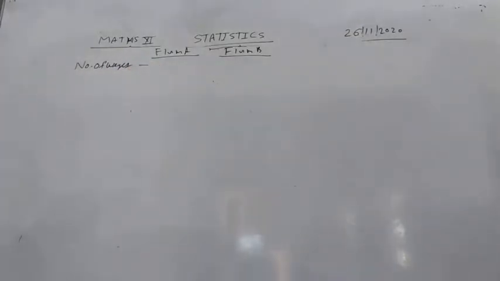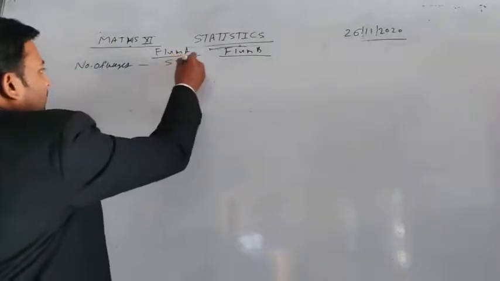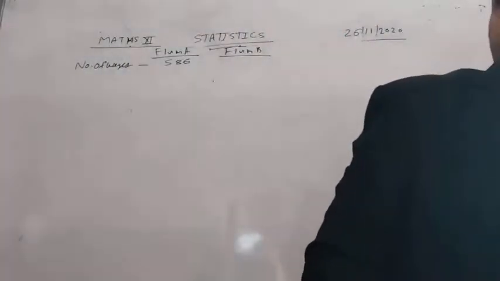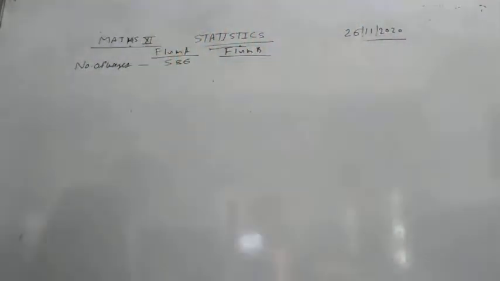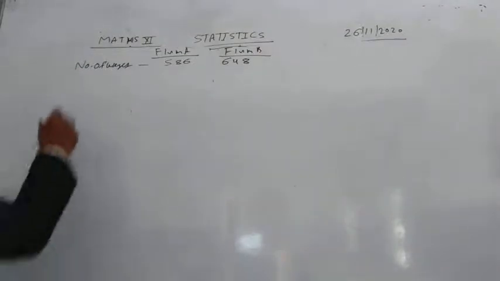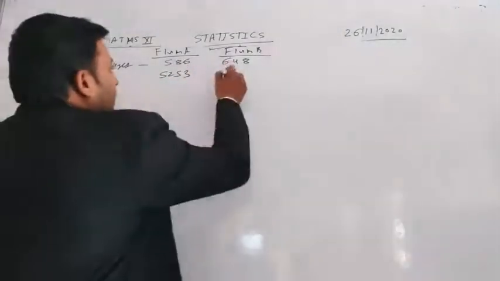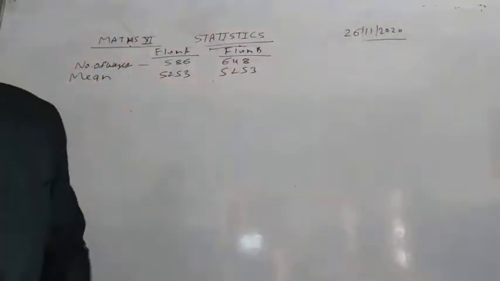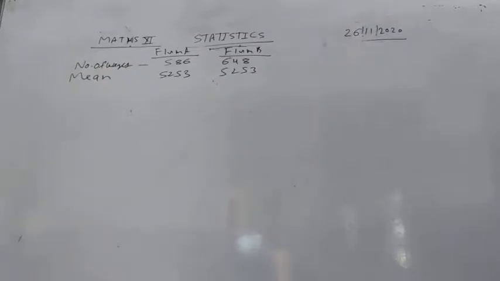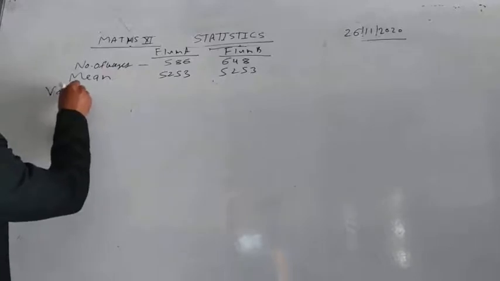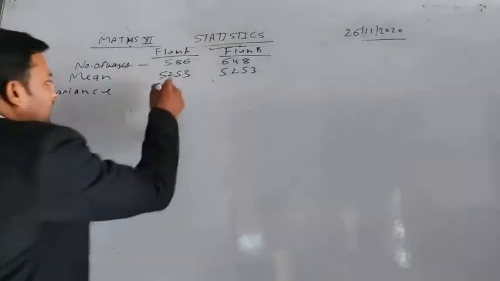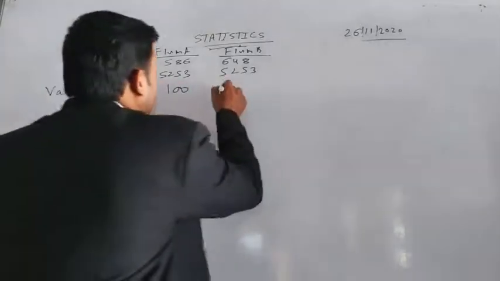Number of wage earners in firm A is 586, and in firm B 648. And the mean of firm A is 5253, near about, and 52 for firm B as well. The variances are given as 100 and 121.